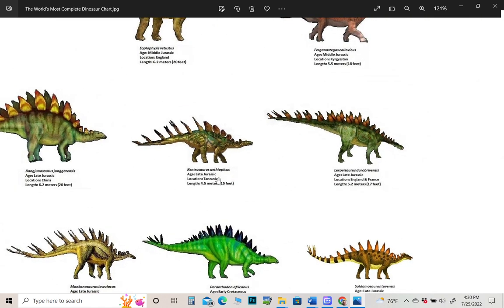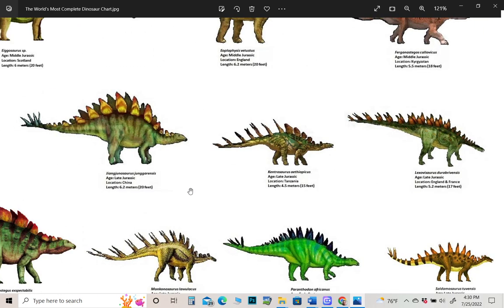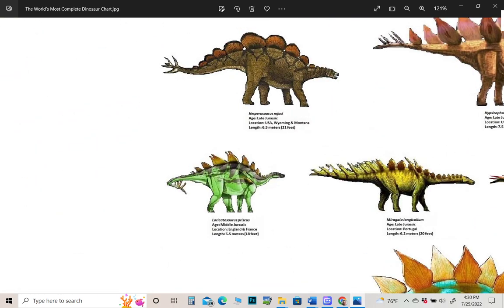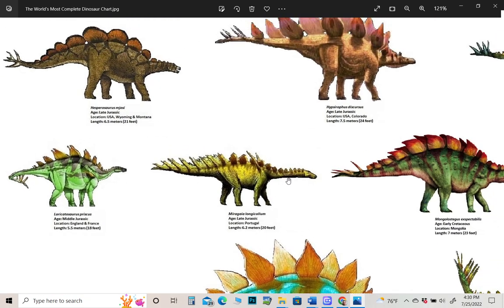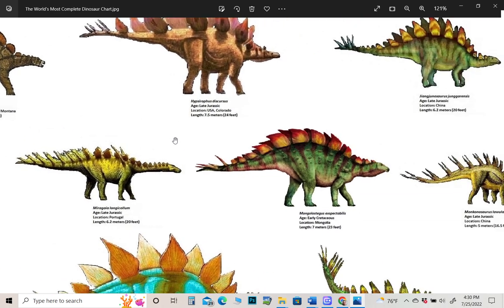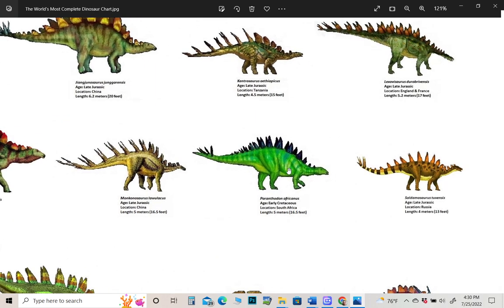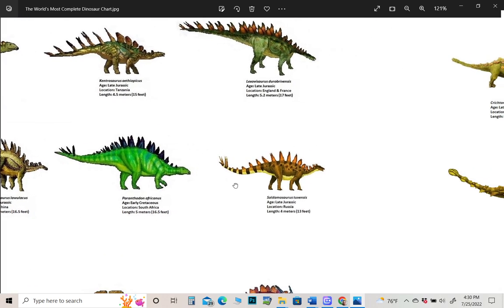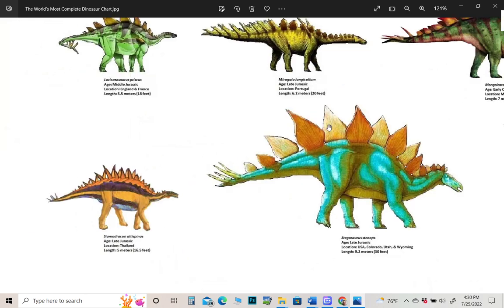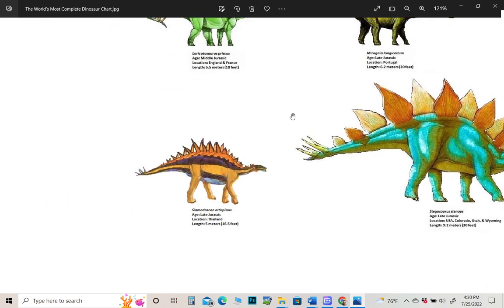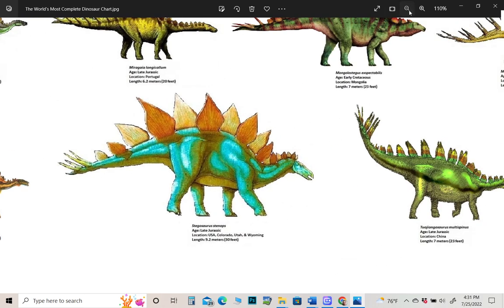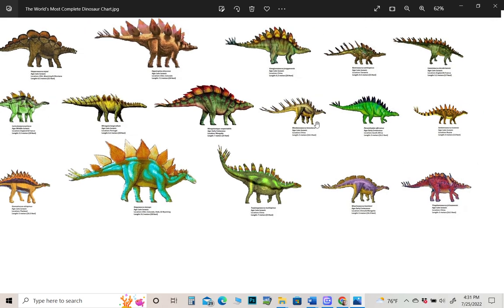Kentrosaurus from Africa. Lexovisaurus, Loricatosaurus, Miragaia, a stegosaur with a very long neck. Mongolostegus, Monkonosaurus, Paranthodon, Sauropelta, Chungkingosaurus, Stegosaurus, which is the most famous thyreophoran and the most famous stegosaur, of course.